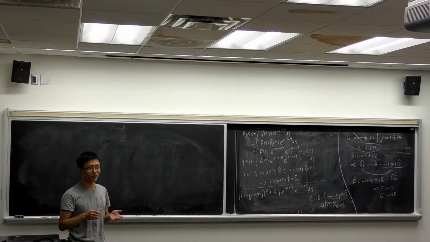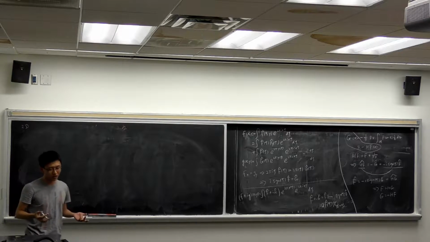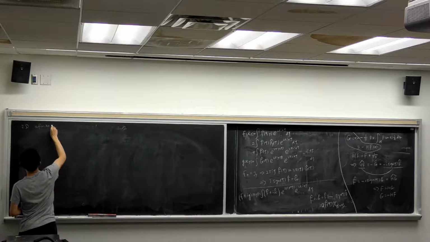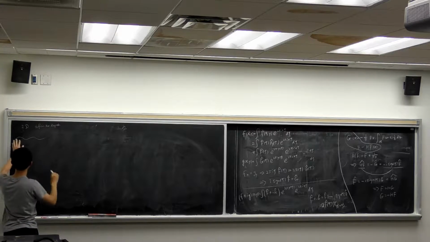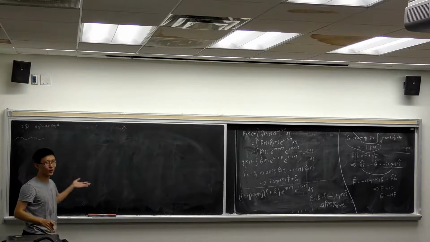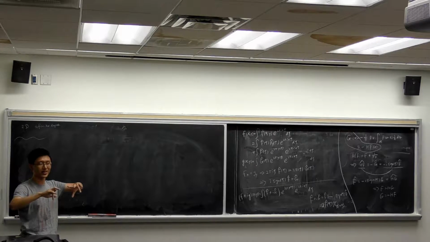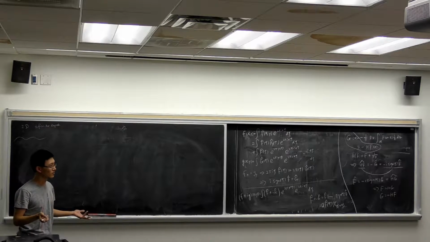For those of you who are familiar with it, first of all, it's of course 2D, otherwise I can't use complex variables. 2D and infinite depth means there's a water surface here and the depth is infinity, so we can use the lower half plane and use the Riemann mapping theorem somehow.